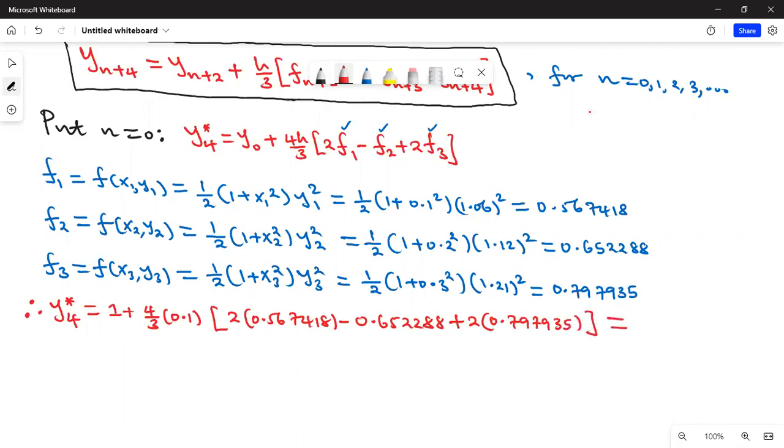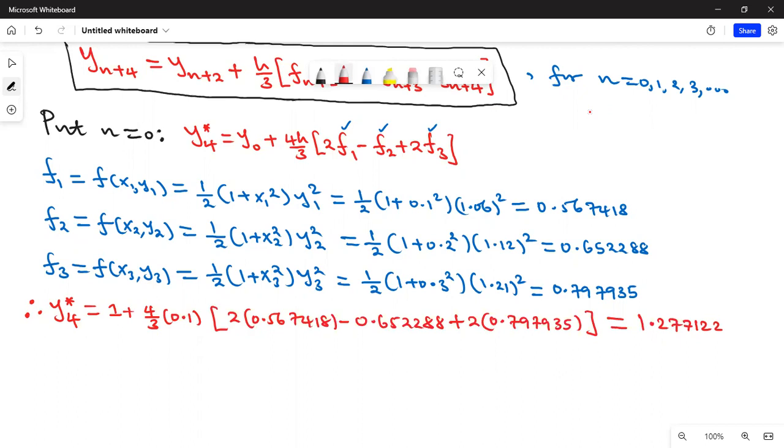So this should be equal to, when you press in a calculator, 1.277122. So that is the predicted value.